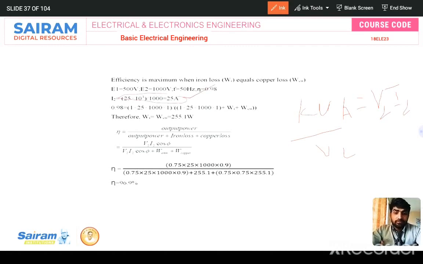And for 0.98, just substitute the values over here, Wi plus Wcu, where Wi is equal to Wcu, and you will get 255.1 watts. Efficiency is output power divided by output power plus iron loss plus copper loss.